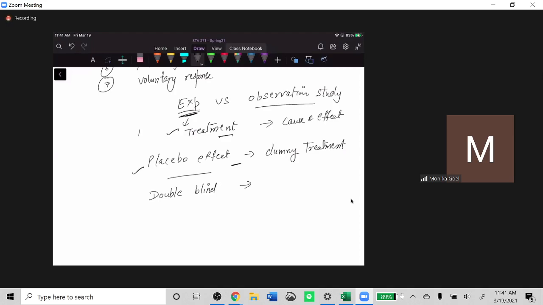Which subject got the treatment, which subject got the placebo, neither the subject knows nor the people who interact with them know. Then we call it double blind. In simple words, single blind means the subject does not know if they are getting the treatment or the placebo. When we are talking about double blind, neither the subject nor the people who interact with them know who got the treatment and who got the placebo.